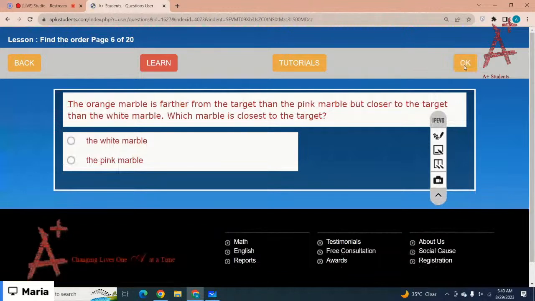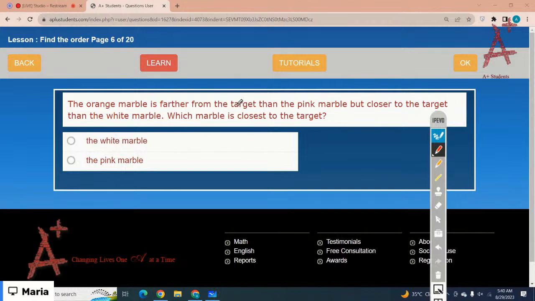The orange marble is farther from the target than the pink marble, but closer to the target than the white marble. Orange is farther from the target than the pink marble. Pink is near, but closer to the target than the white marble.